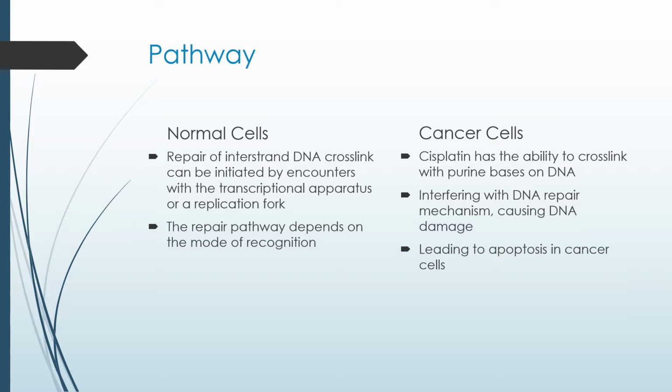When the repair is initiated by the replication fork, it depends on whether it is a stalled replication fork, a single or dual fork encounter, or if it's a double or two fork stalled by the ICL polymerases.